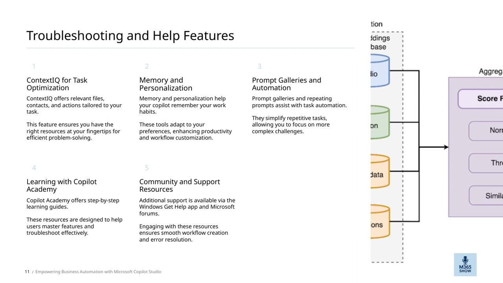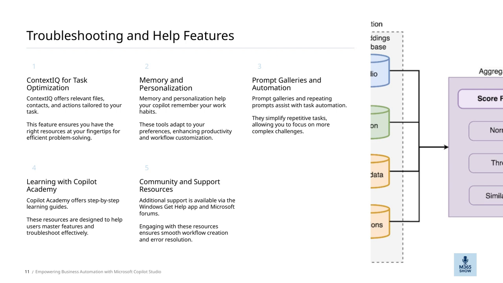Another key feature is the prompt galleries and repeating prompts, which assist with task automation. They simplify repetitive tasks, freeing you up to focus on more complex or strategic challenges. Memory and personalization are also vital. They help your Copilot remember your work habits and preferences. This way, it adapts to your style, boosting productivity and making your workflows more personalized and efficient.